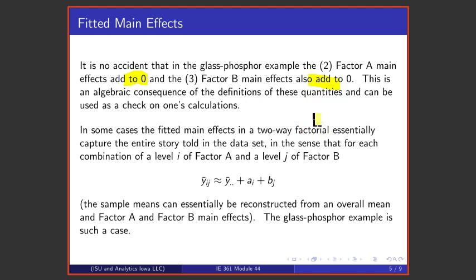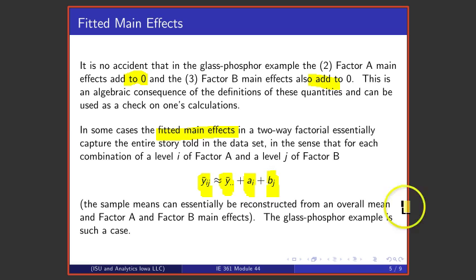Now, in some cases, the fitted main effects in a two-way factorial study, together with the overall mean response, capture the entire story that's told in the data set. And what that means is that cell averages are approximately some overall average plus the corresponding A main effect plus the corresponding B main effect.